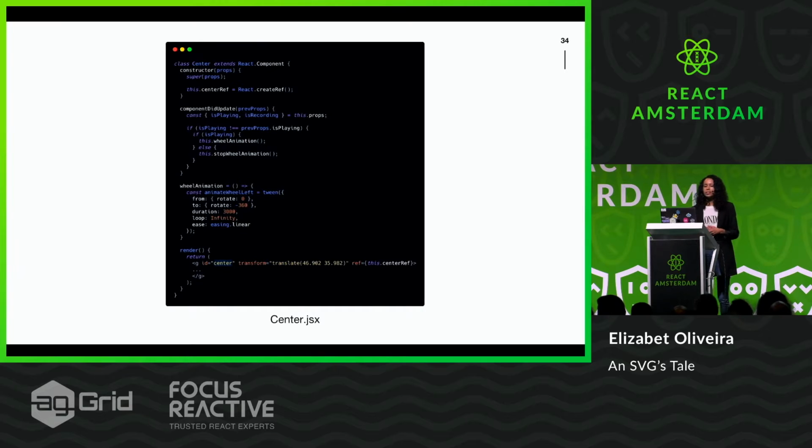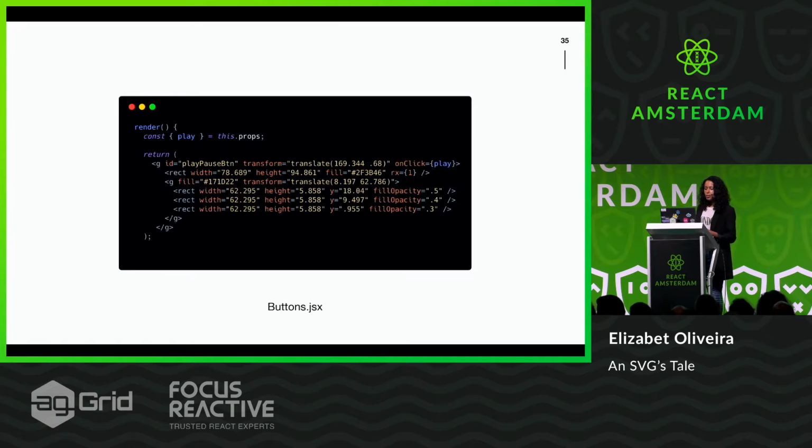And then this is the example of the center JSX. Here, to perform the animation, I'm just checking if the cassette is playing or recording. If it's playing, I start the wheel animation. If it's not playing, I stop the wheel animation.